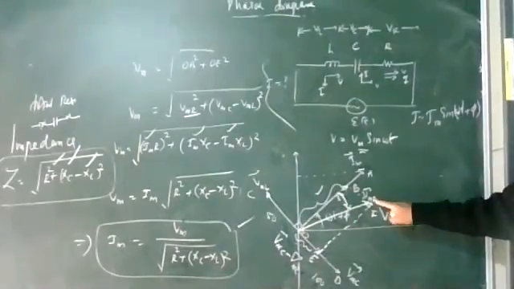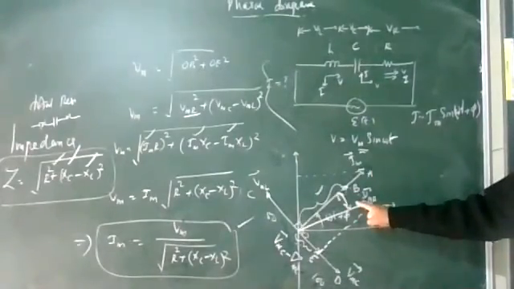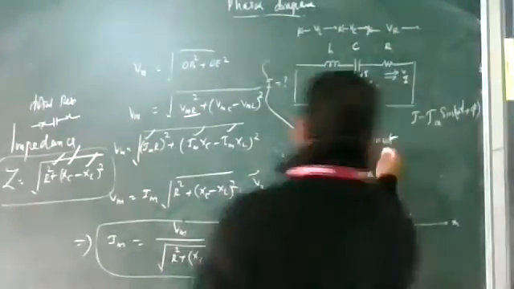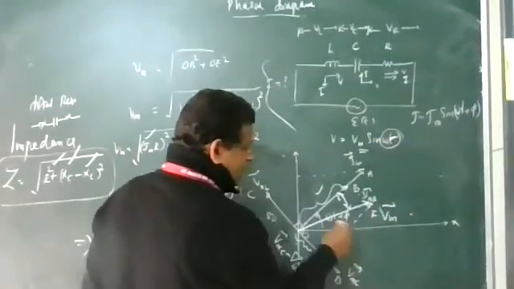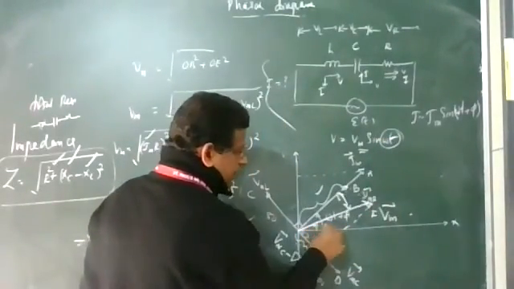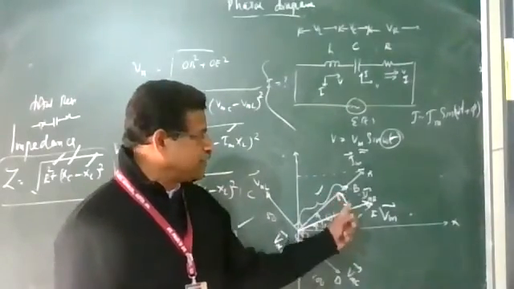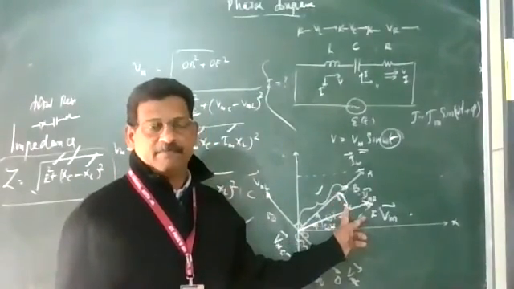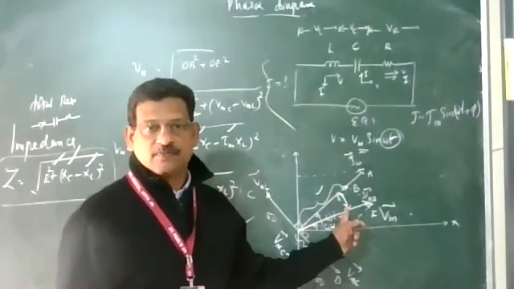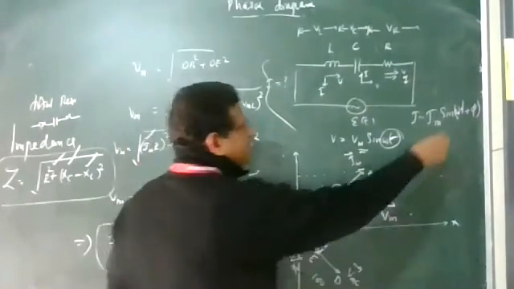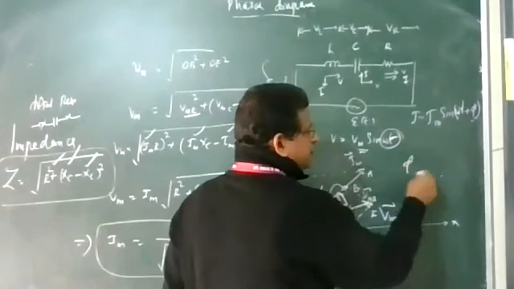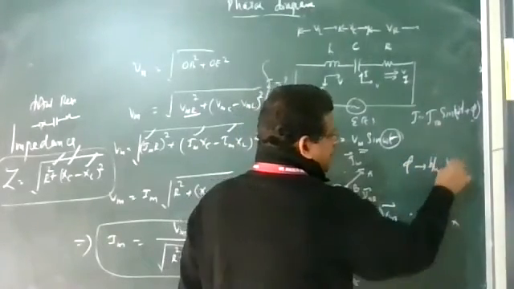Between maximum voltage and maximum current some angle is there. The angle given from here to here is omega t. Voltage makes an angle omega t to the x-axis, but the angle between voltage and current is phi. That is the phase difference. So phi is the phase difference between voltage and current.